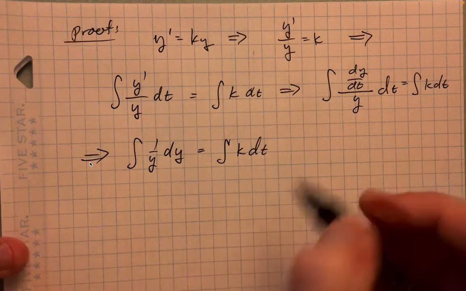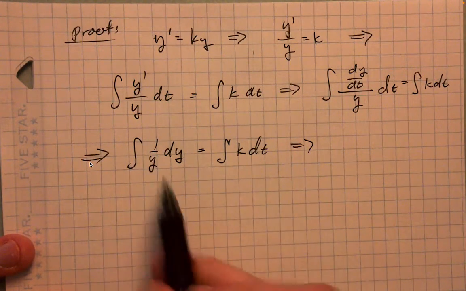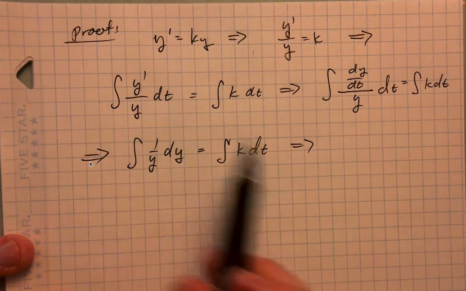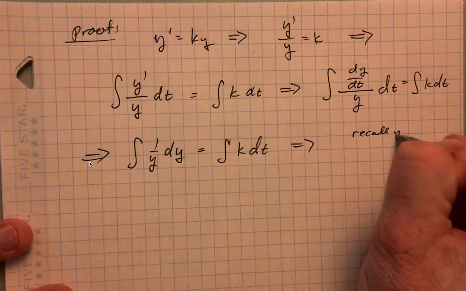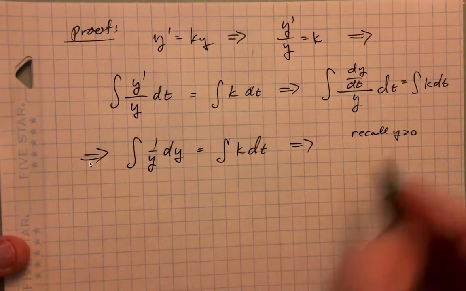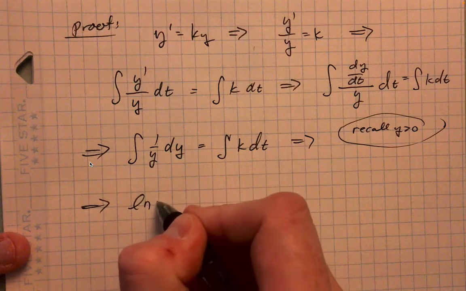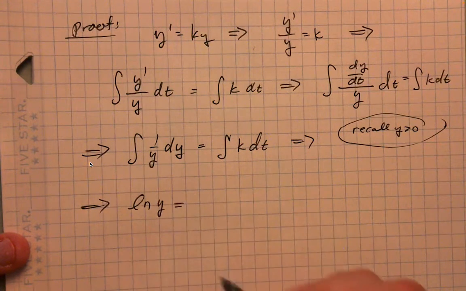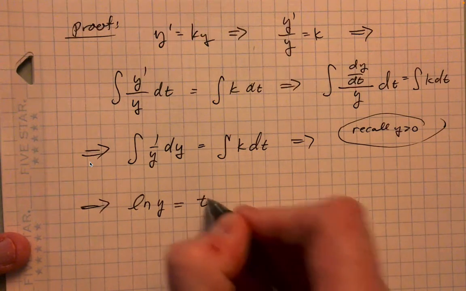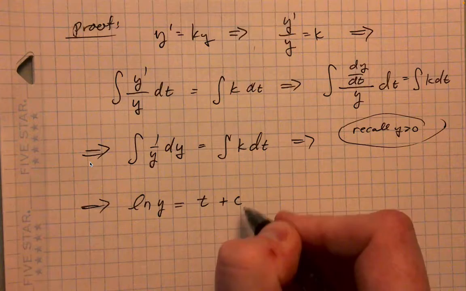All right, and then at this point we can integrate here, right? And remember, y is greater than 0, right? That's part of the theorem. And so that means the integral here is the natural log of y, and that's going to be equal to kt plus some constant.